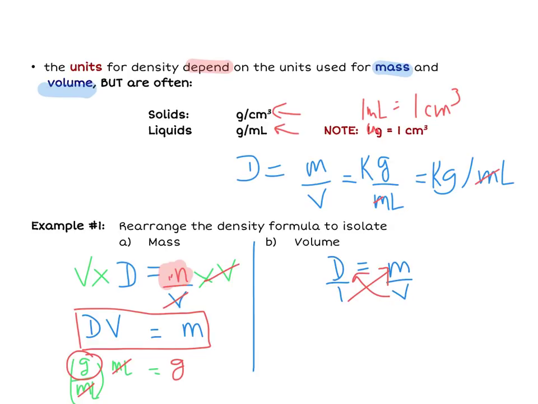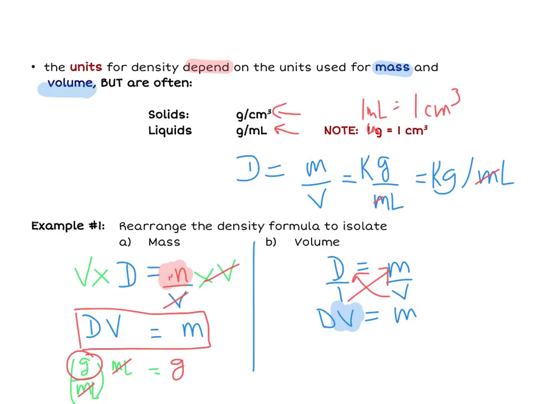So that will give me so far 1 times m will give me 1m, or just m, and then d times v will give me dv. Now I'm not quite where I want to be yet because I still need, in this case, to isolate v. V is what I'm looking to isolate. So that means that I need to get rid of my d. Now remember, in this case, I'm multiplying d by v.